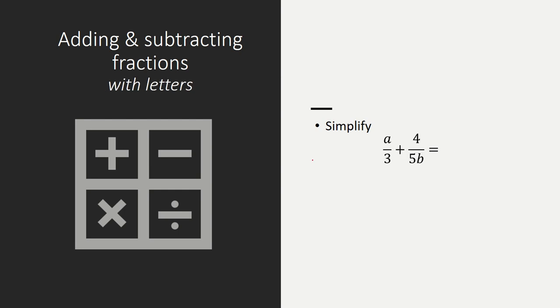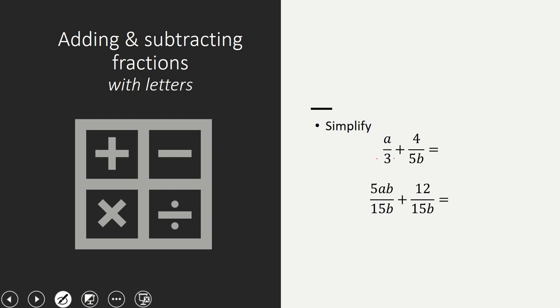Alright, so now we're going to look at adding and subtracting fractions with letters. So first, again, the denominators must be the same. So I'm going to do 3 times 5b and 5b times 3.